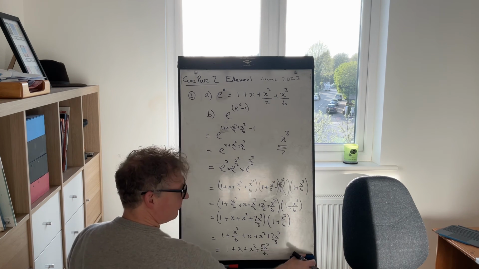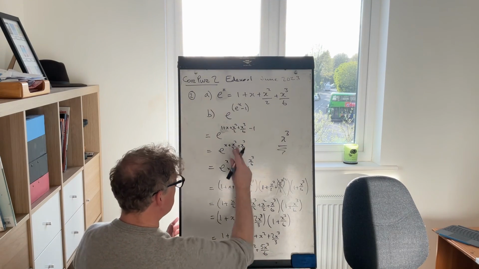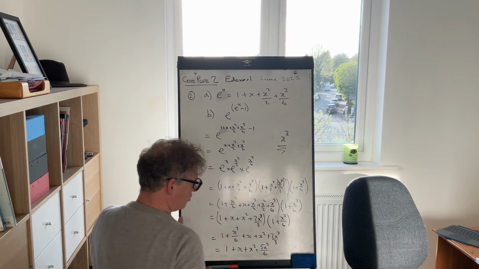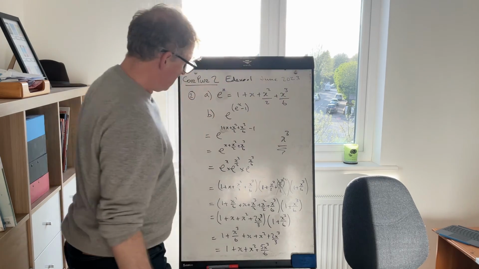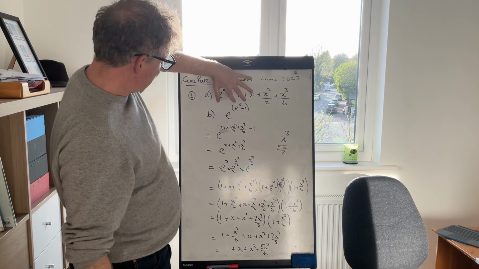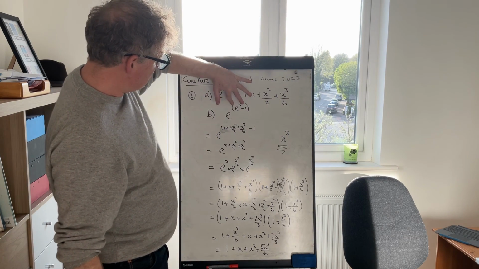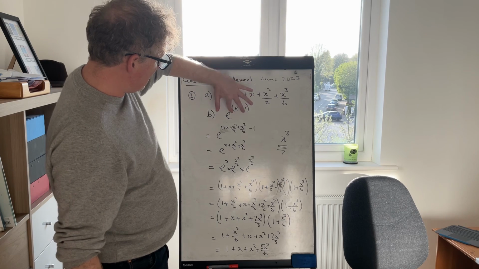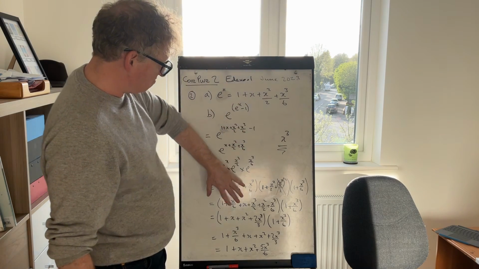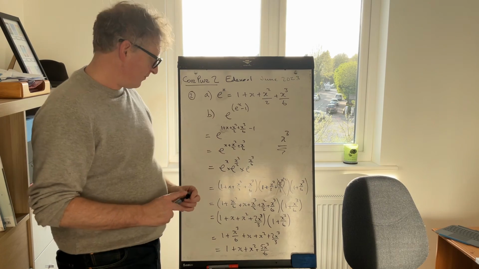And we're done. And that's 5 marks doing that bit. Not too bad at all, I think. But this idea of using the Maclaurin expansion of that and then separating out is quite nice. Okay?